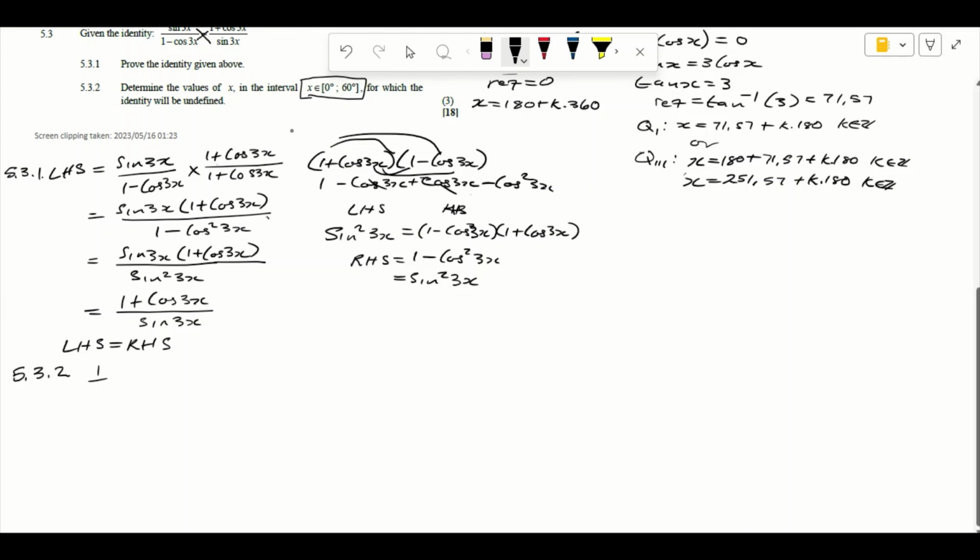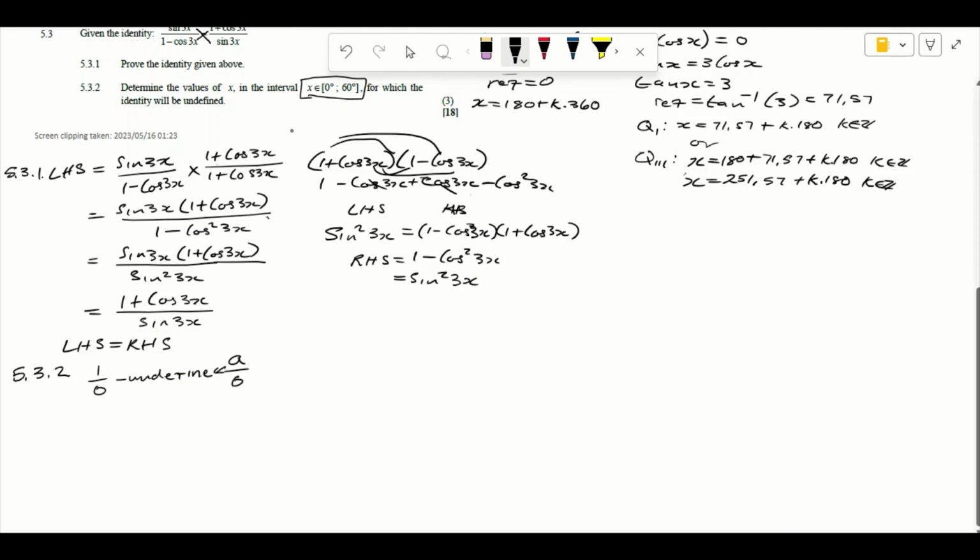If you divide 1 by 0, the answer will be undefined, right? If you divide 2 by 0, if you divide 3, 4, 5, 10, 1,000 by 0, your answer will be undefined. So now any value divided by 0 is undefined.